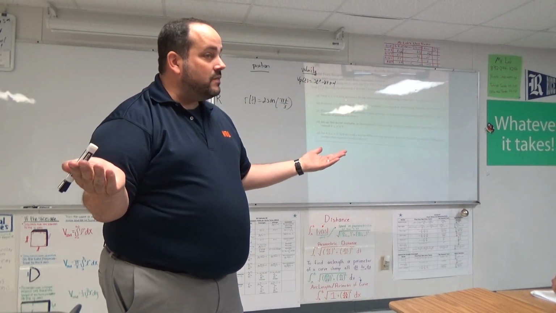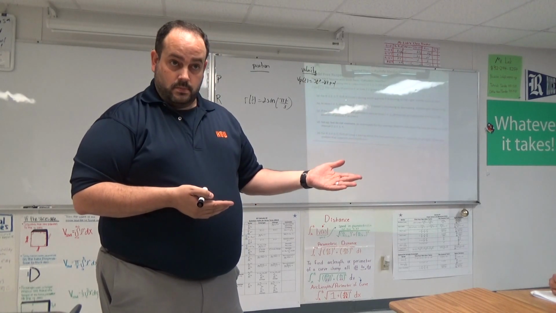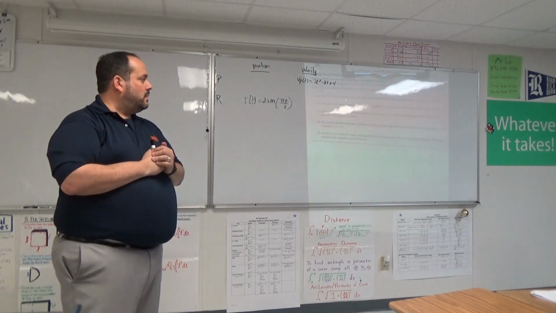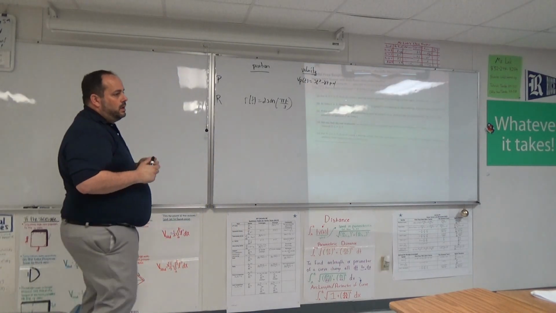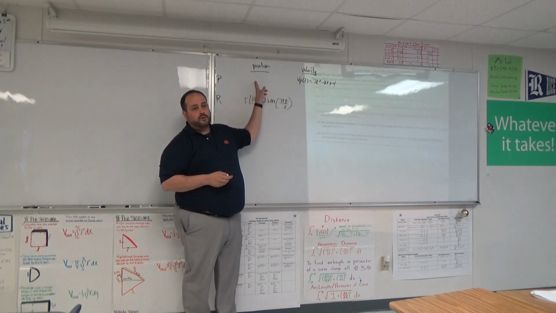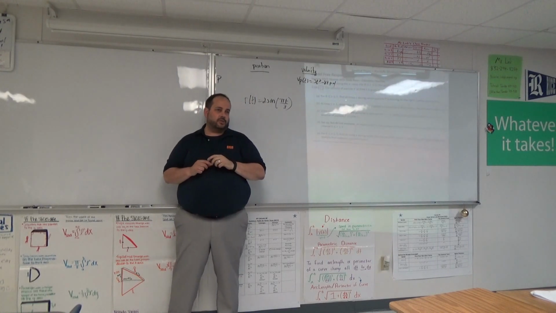What if I wanted to know if they're moving in the same direction? Jonathan, what would you need to know? The antiderivative of velocity would give you position. It wouldn't tell you if they're moving in the same direction.